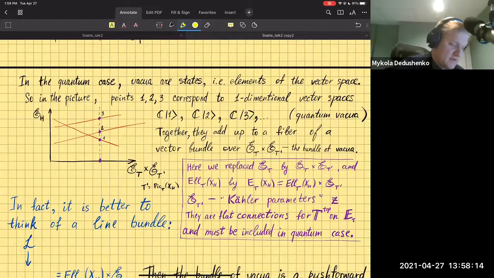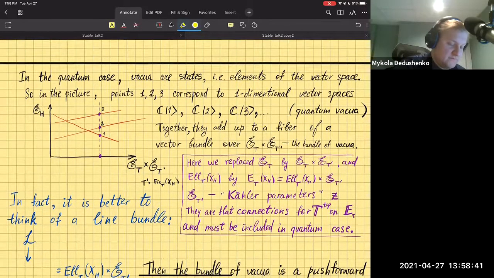But in the quantum case, when we are talking about this space of vacua, they must be included because non-perturbative effects couple to these parameters. Non-perturbatively you get some vortices and monopole operators that are charged under this topological symmetry.